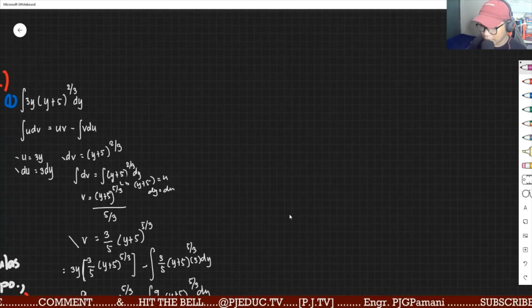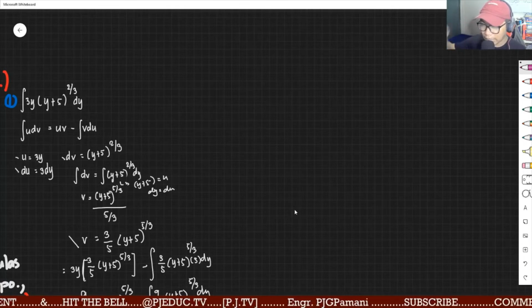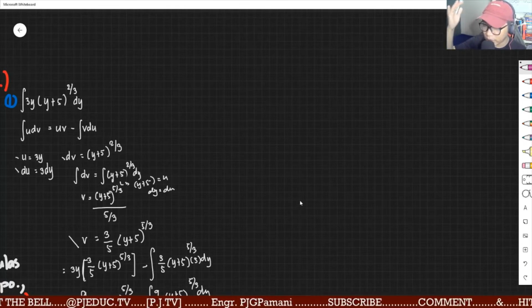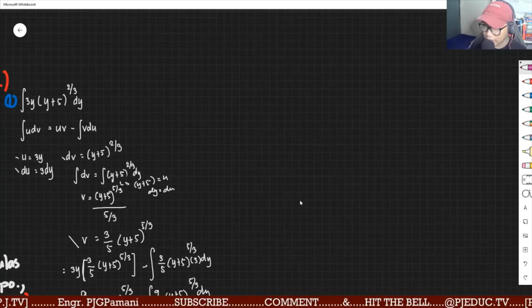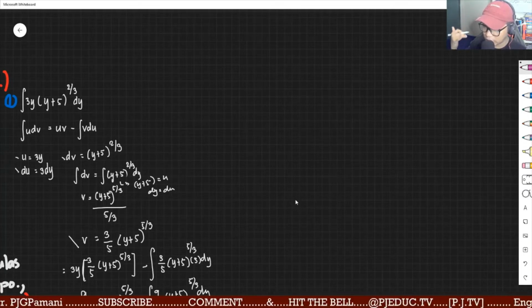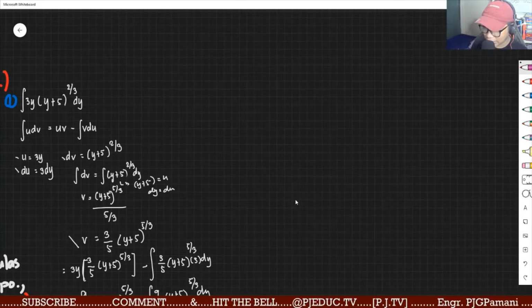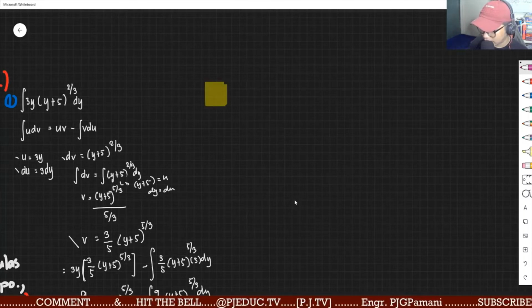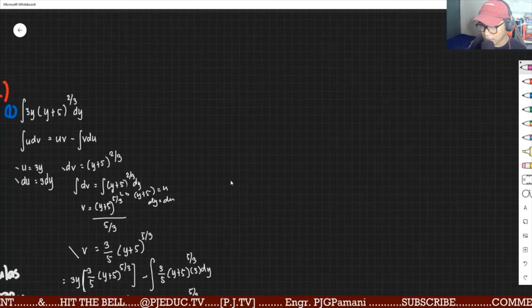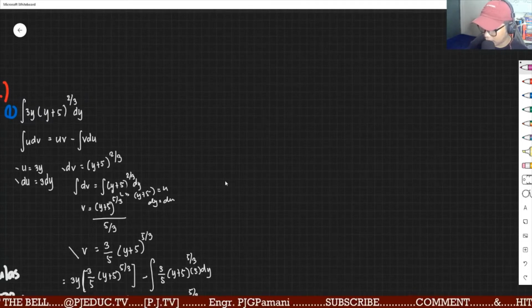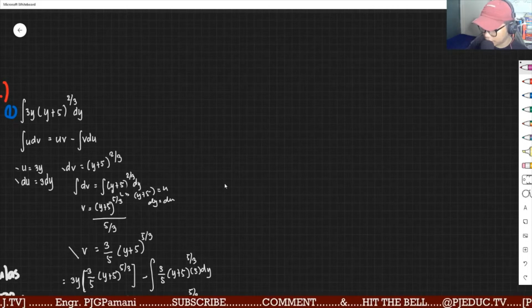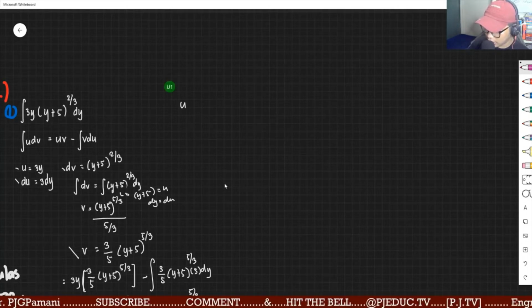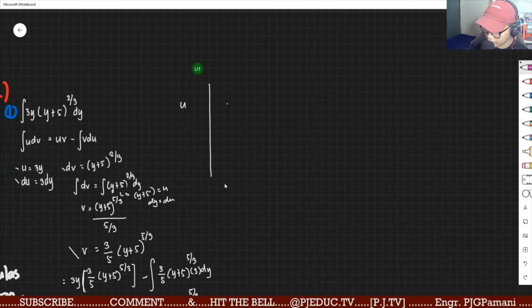Remember what I said earlier: identify a function u that will eventually end up at 0 by differentiating it continuously. It should end at 0. So let's make a simple table: the function of u, and the function of dv.